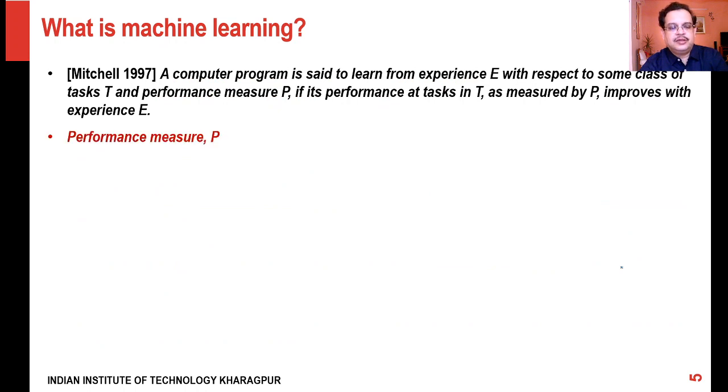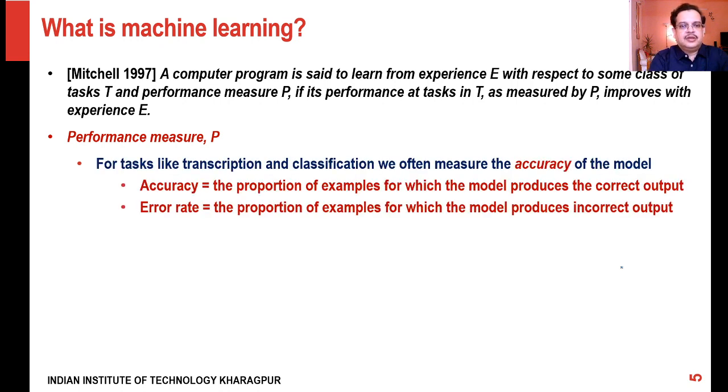Now let's look at the second thing, the performance measure. Suppose we have a machine learning program which has been given a certain type of task, for example regression, and now we want to estimate how well it does. So that is a performance measure. For tasks like transcription and classification, we often measure the accuracy of the model.